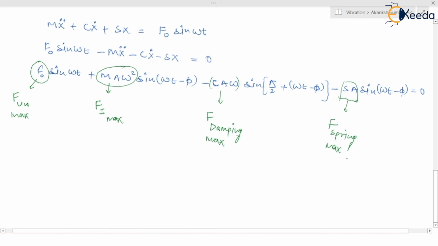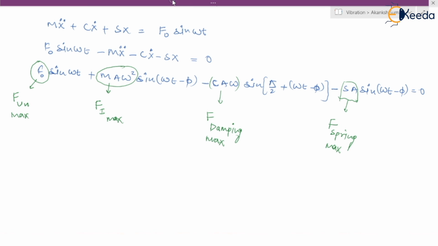So what are we going to do? We are going to represent all four forces in a diagram, and then we will see the difference between them. Okay, so let me draw the diagram.